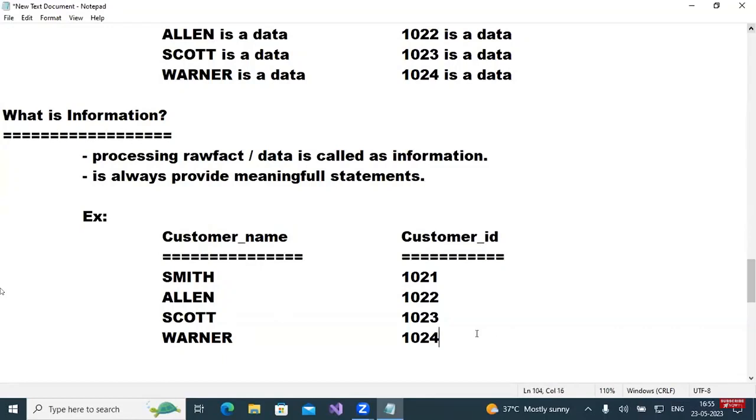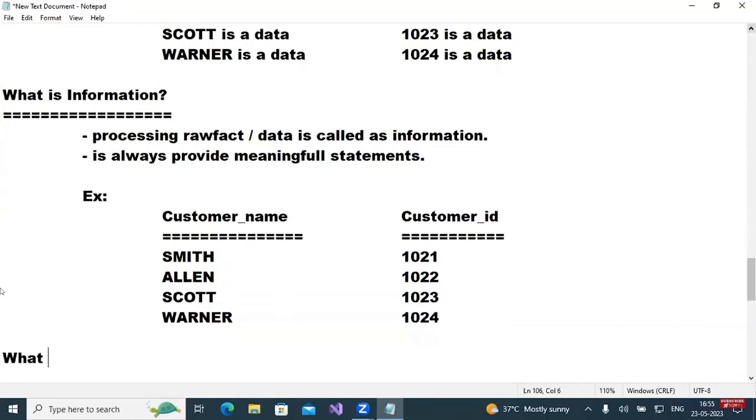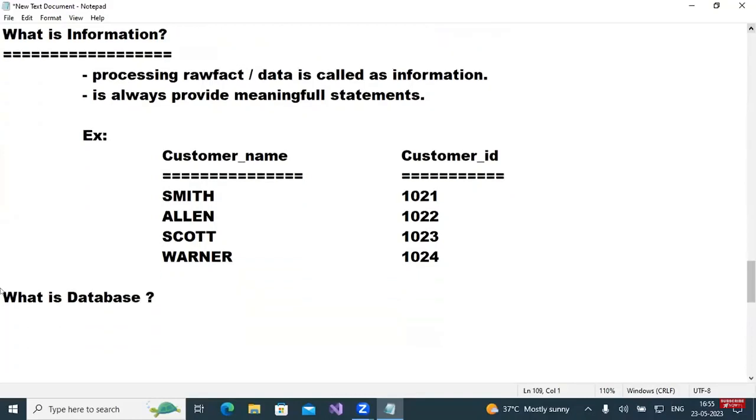Okay, that's good. Now the next question: what is a database? How can you define it?